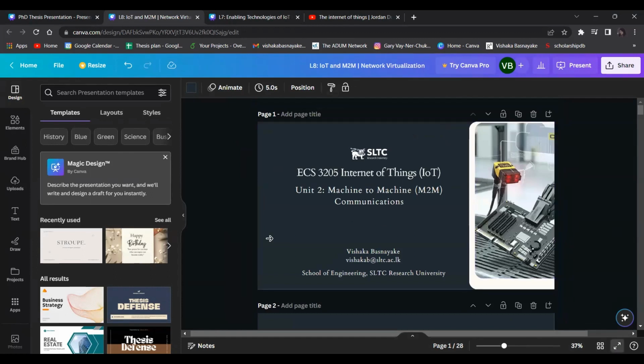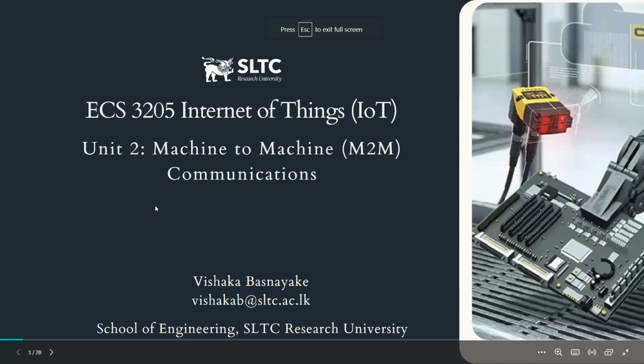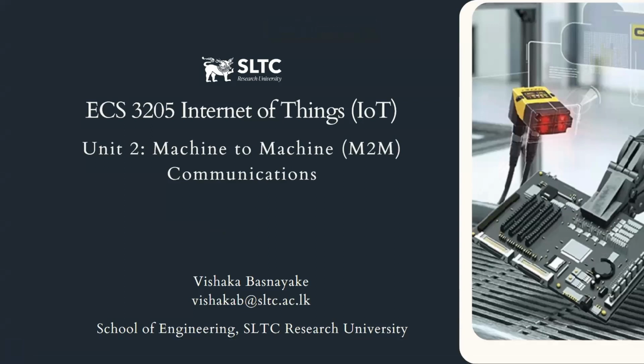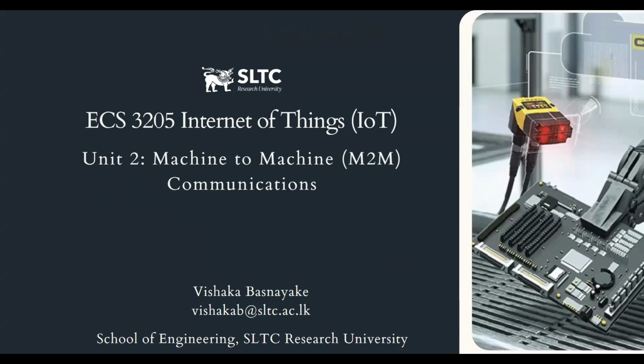We have 2 sections that will be covered in the next class, which are machine-to-machine communications and network virtualization. So we will talk about that in the next class. If you have any questions, you can ask now, regarding today's class or anything else that you want to know about these IoT lectures.